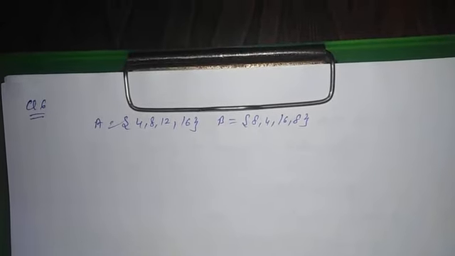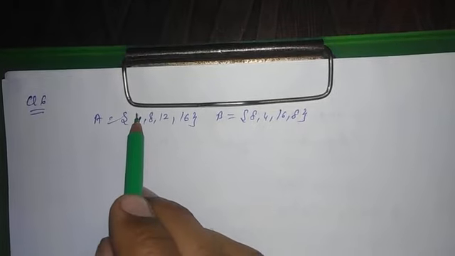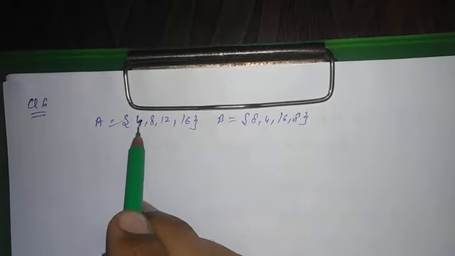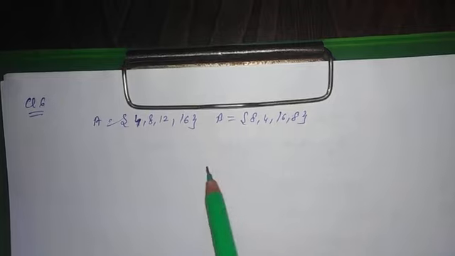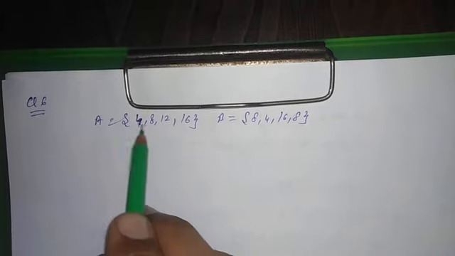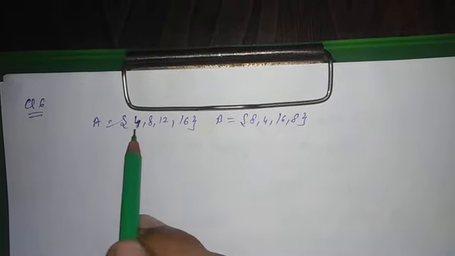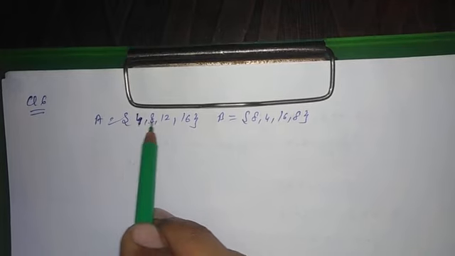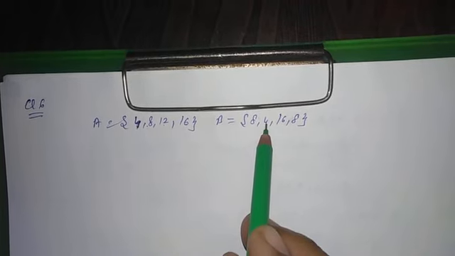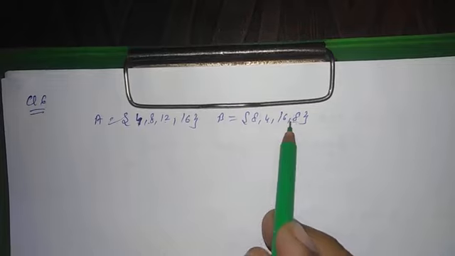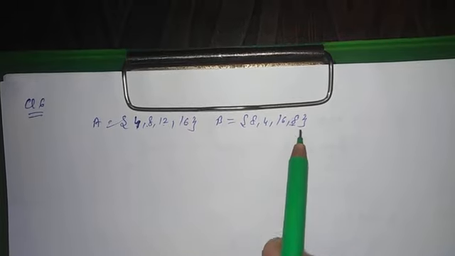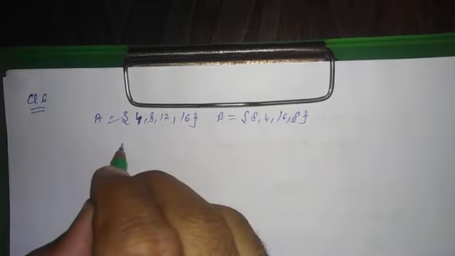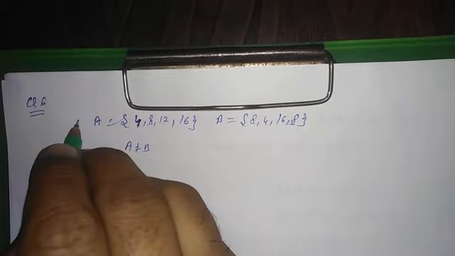We read earlier that an element occurring more than one time is counted once, and the order of elements is immaterial. Set A contains 4, 8, 12, 16. Set B contains 4, 8, 16. It does not contain 12. So A is not equal to B.